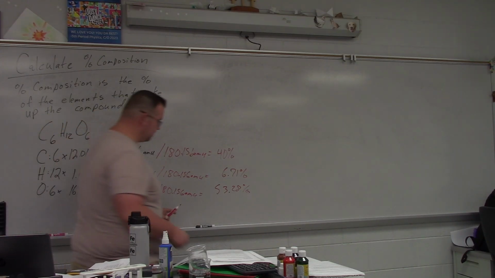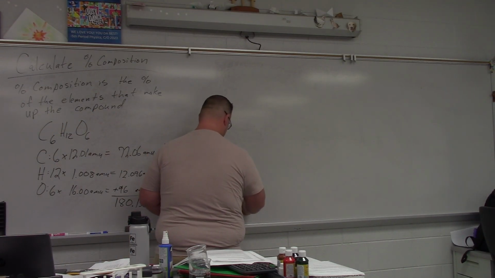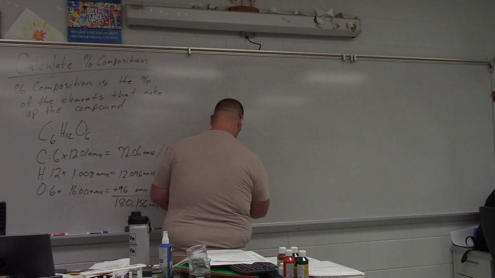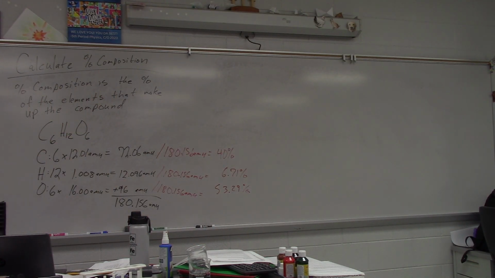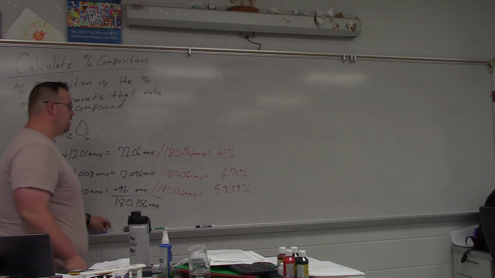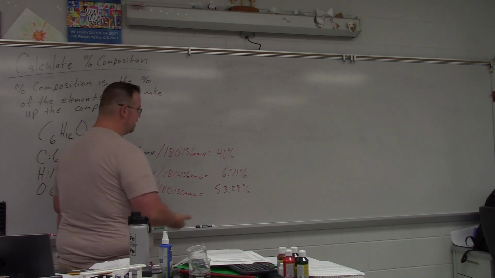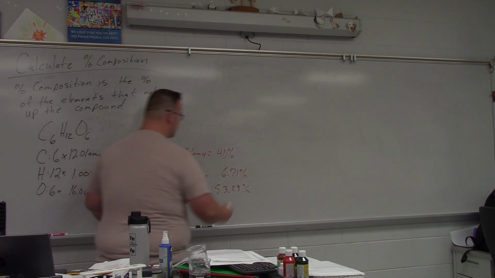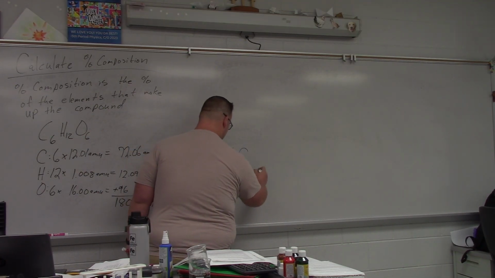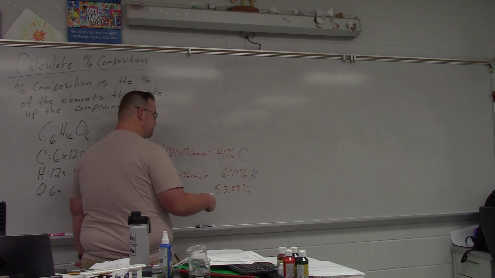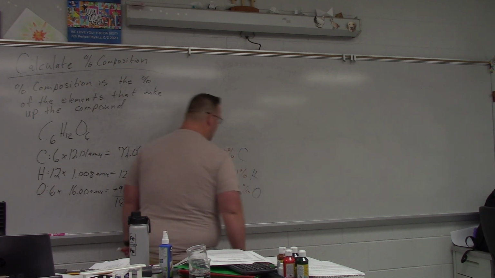Oh, that should be it. I rounded wrong. Sorry. No excuses. I'm a big excuse maker today. I'm sorry. All right, so you break this down, and this is what we're saying: 40% of glucose is carbon, 6.71% is hydrogen, and 53.29% is oxygen.